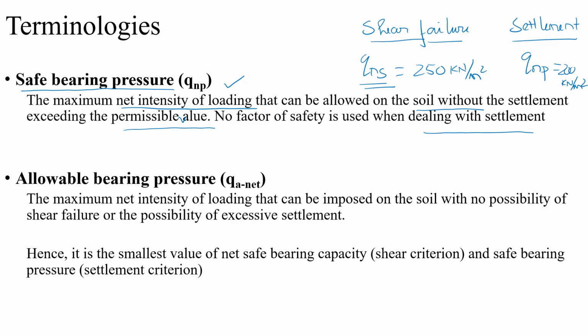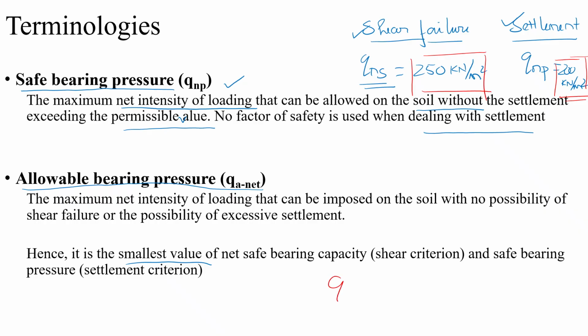While for the design, the allowable bearing pressure is always the smallest value of whatever you have got from the shear failure criteria and settlement criteria. See here, although the net safe bearing capacity is 250 kilonewton per meter square, from settlement criteria it is saying that the structure will fail once it reaches 200 kilonewton per meter square, which means you should do all the further design having your allowable bearing pressure as 200 kilonewton per meter square.